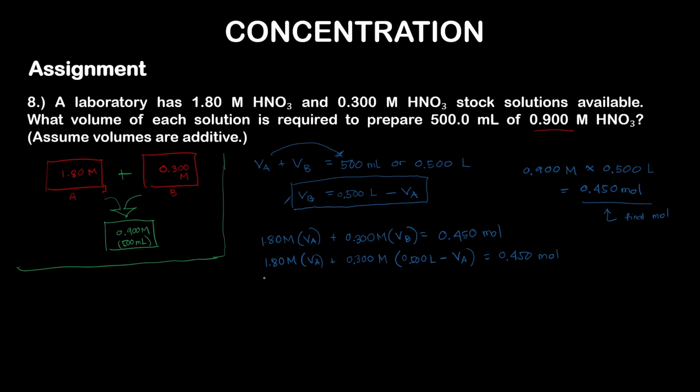Now we can multiply it. So 1.80 molar VA. Now 0.300 times 0.500, that is 0.150. This is molar times liter, that would be mole. Then we have 0.300 times negative VA, that would be negative 0.300 molar VA, equal to 0.450 mole.